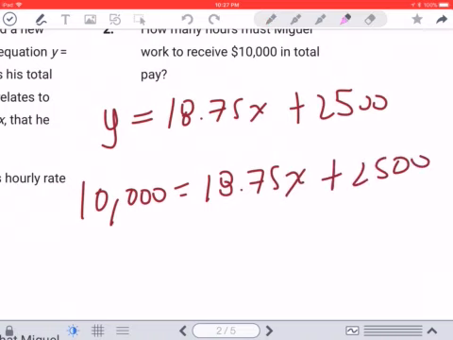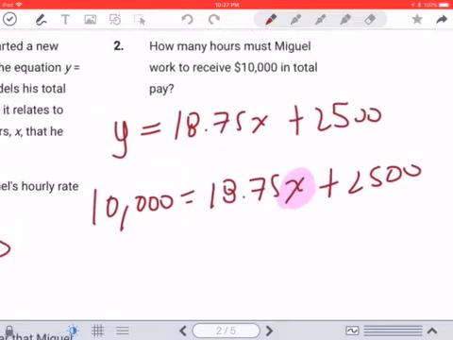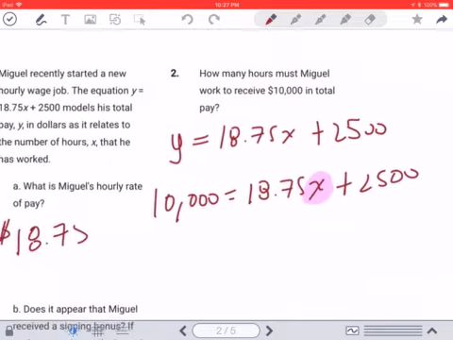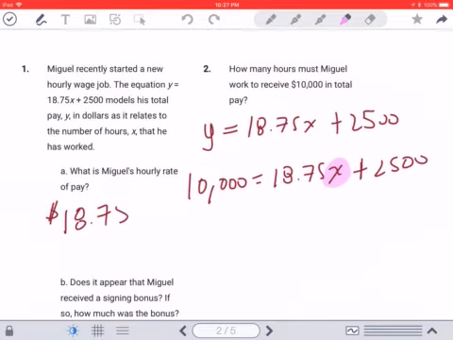And I want to solve for x. So how many hours does he need to work? X represents hours. It says it right over here, number of hours x. And y is the total pay. So total pay would be 10,000. Then I just got a little bit of algebra to do here.